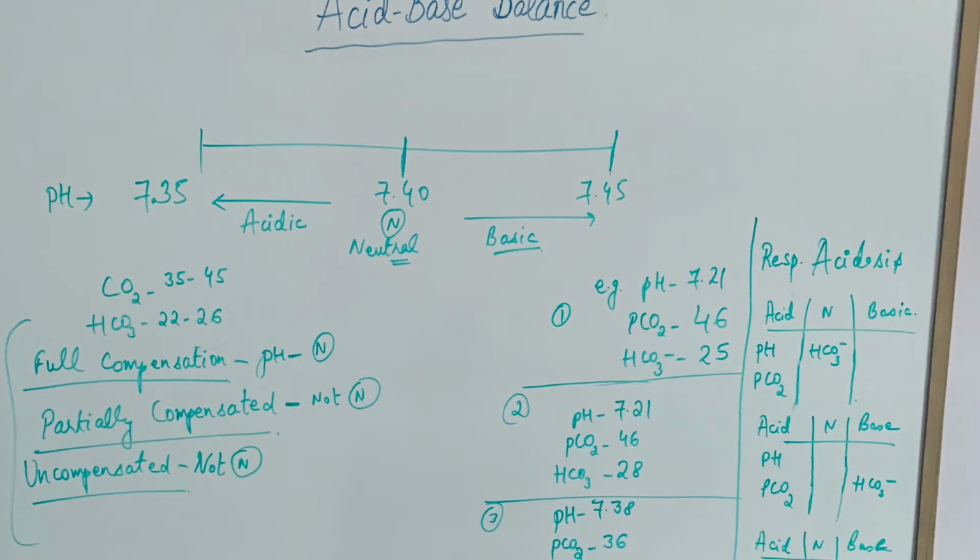Let's check the first example. You can see the pH level is 7.21, carbon dioxide level is 46, bicarbonate level is 25. The pH is less than 7.35, so obviously it's acidosis.